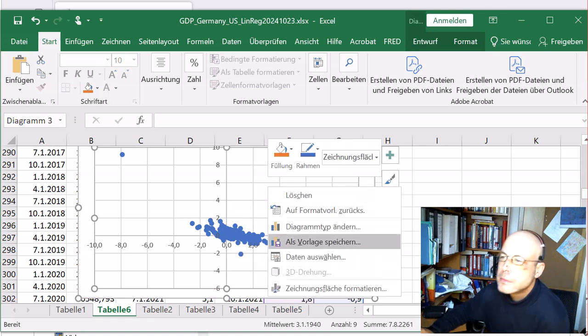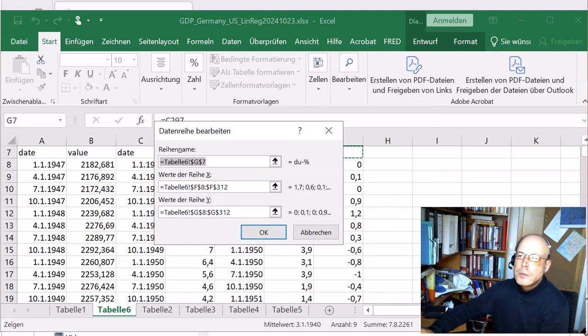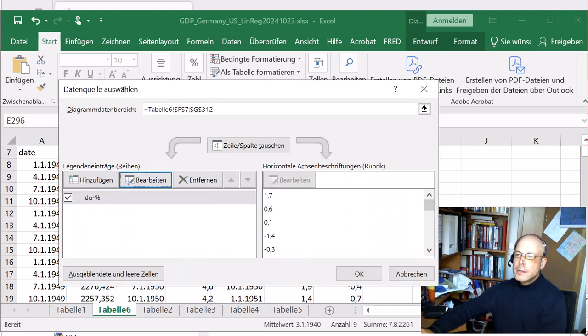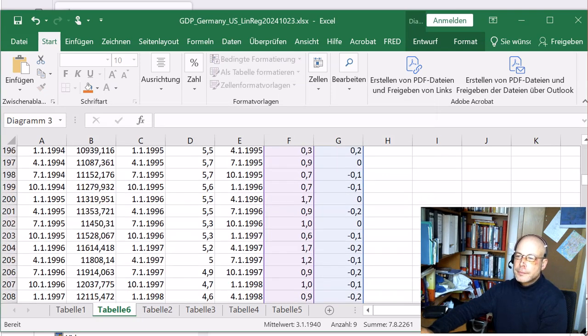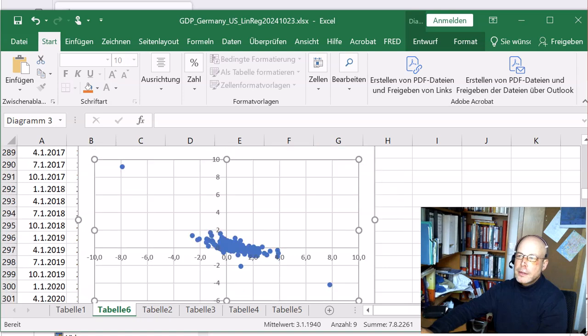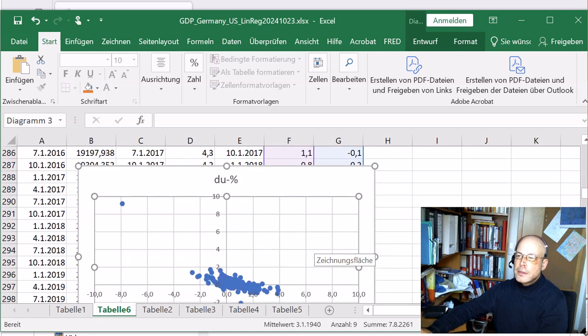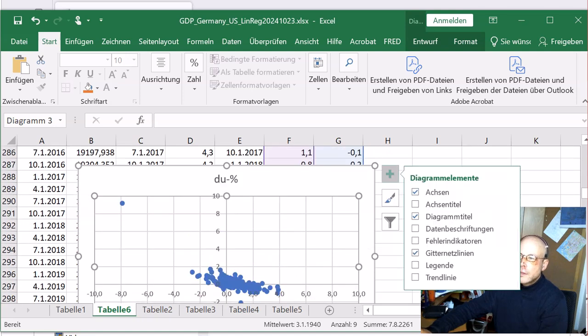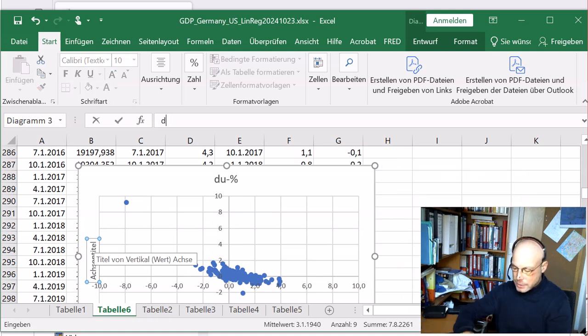I always don't know which is which. So we have f is x and g is y. Okay, where's our diagram? There. So f is x. This is our growth rate. Then let's put this also. This is y. This would be du.